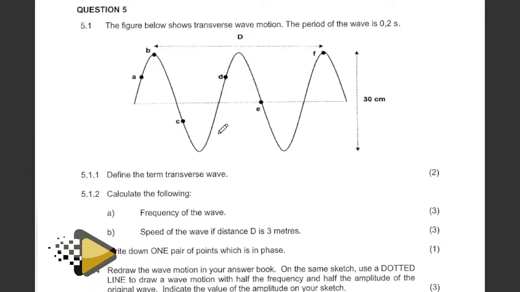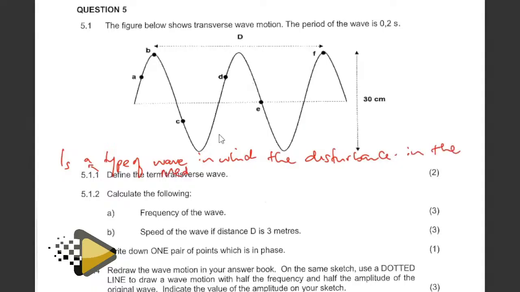A transverse wave is a type of wave in which the disturbance or the particles, the disturbance in the medium, is perpendicular to the direction of the wave.